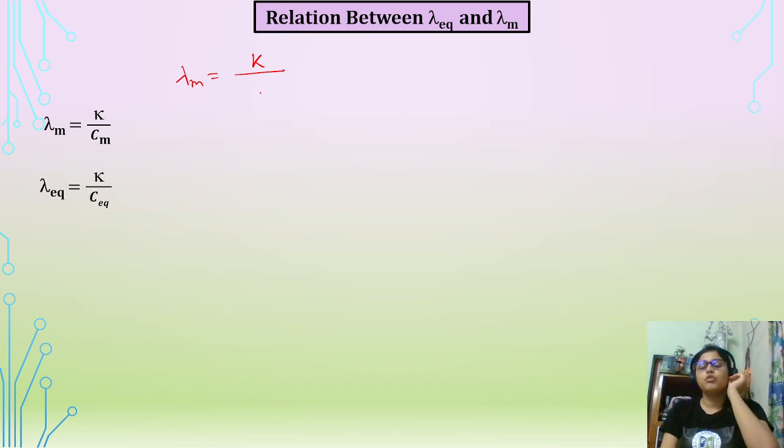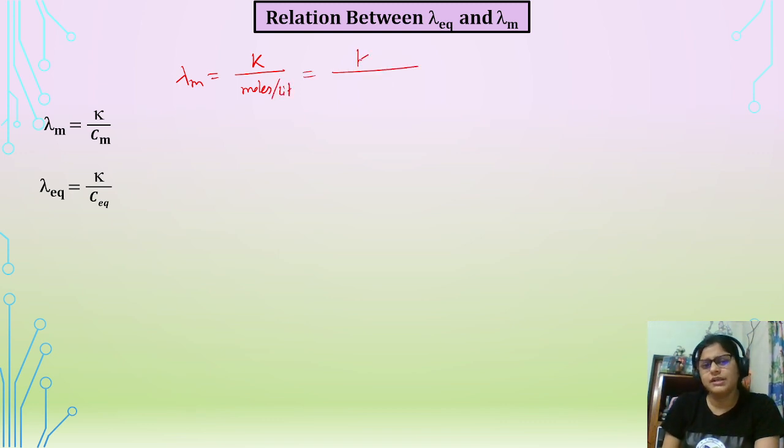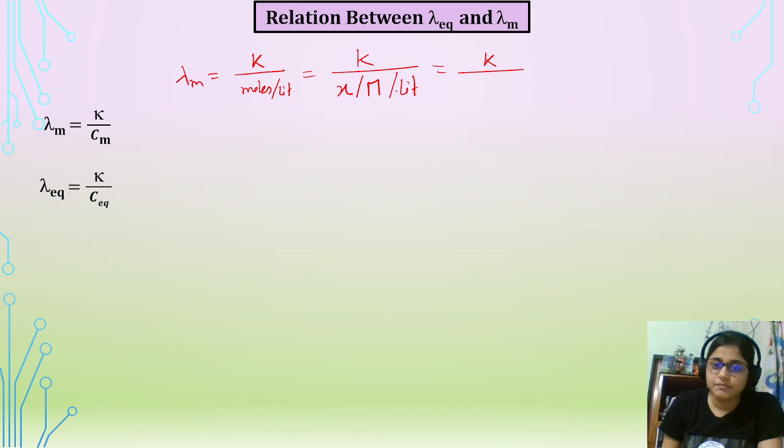This is actually the number of moles per unit volume, per liter, let's say. So it is moles per liter. Mole we can express in various ways, but we have to compare between these two. So I am taking here the weight taken, X, by its molar weight, by liter. So it will be now kappa, and this is X by M.